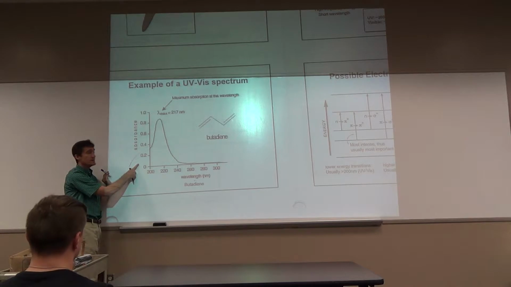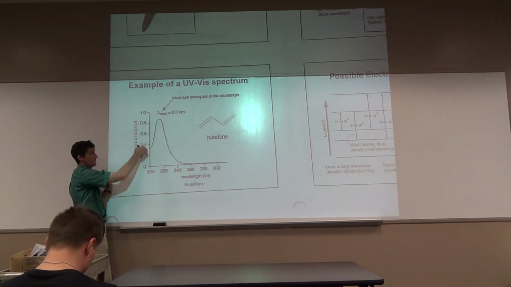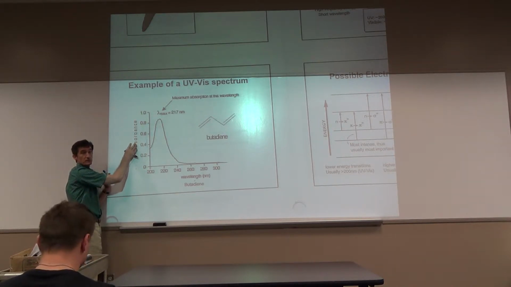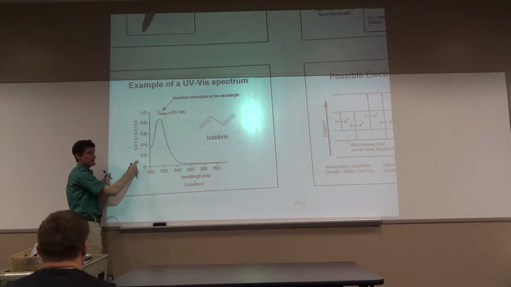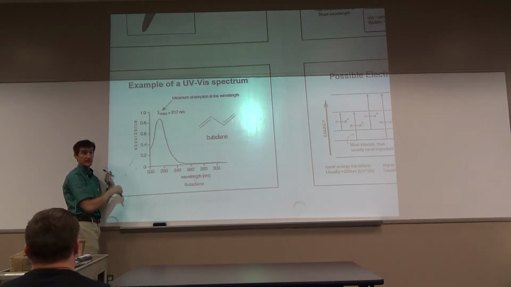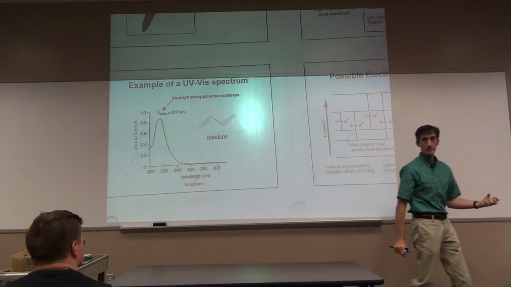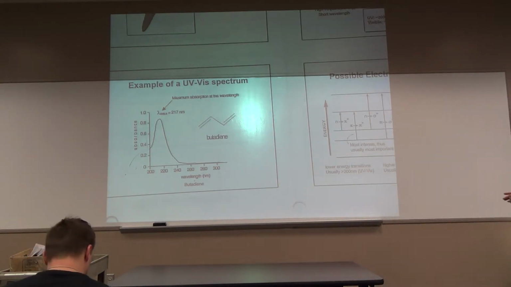If you try to run this over here, you'll just get a lot of absorbance. It actually will look like this because there's lots of oxygen that will just absorb. If you want to get data over here, you have to do it under vacuum. That's why below 200 is often called vacuum UV. Get rid of the oxygen.